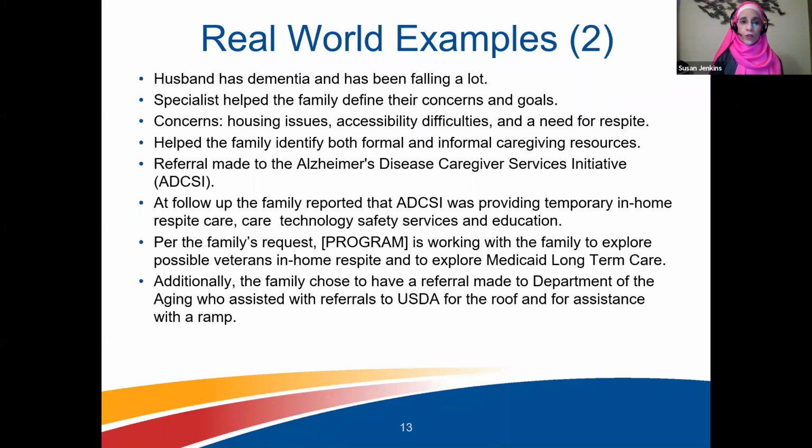The program, the AAA, helped the family to identify both formal and informal caregiving resources, made referrals to the Alzheimer's Disease Caregiver Service Initiative, and at follow-up, the family reported that the Alzheimer's program was providing temporary in-home and respite care, technology, safety services, and education.